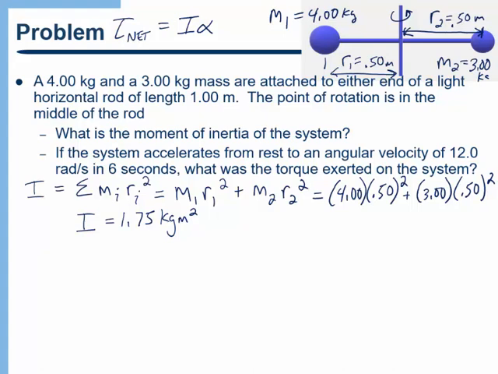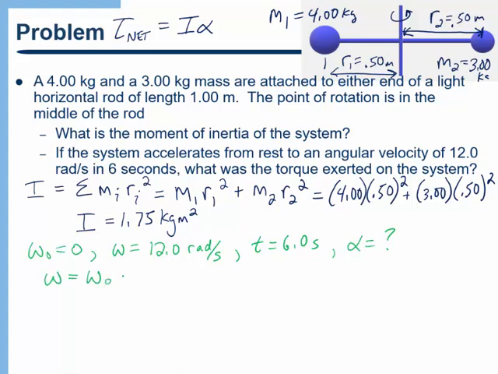We see here that omega naught is equal to 0, that omega is equal to 12 radians per second. We see that this occurred in a time of 6 seconds. And therefore, since I'm looking for alpha, the equation that I want to use is omega is equal to omega naught plus alpha t.